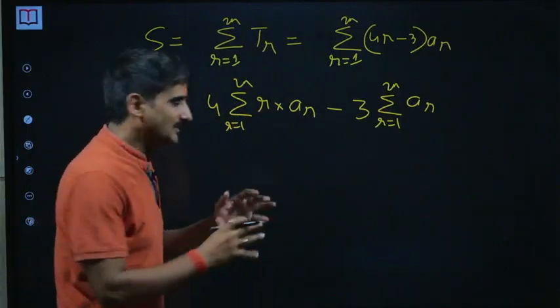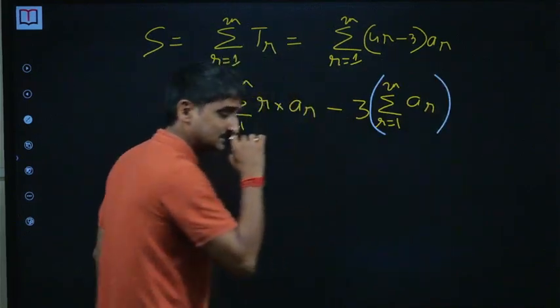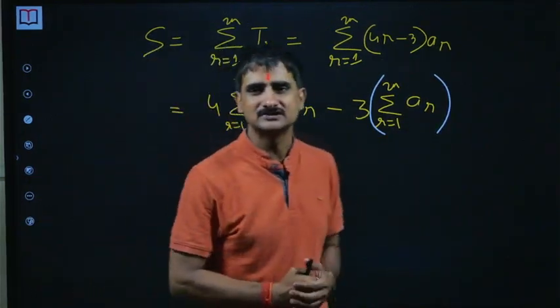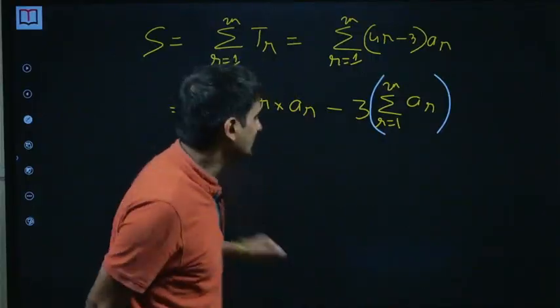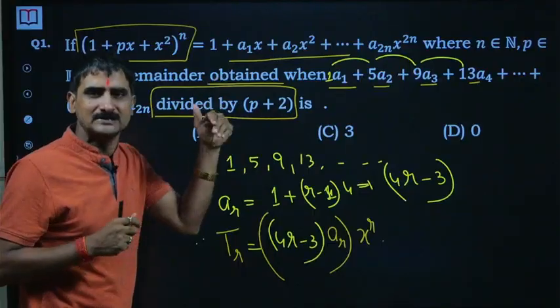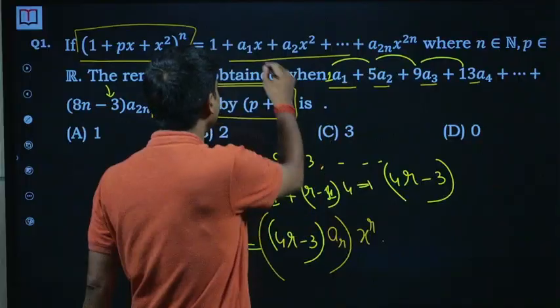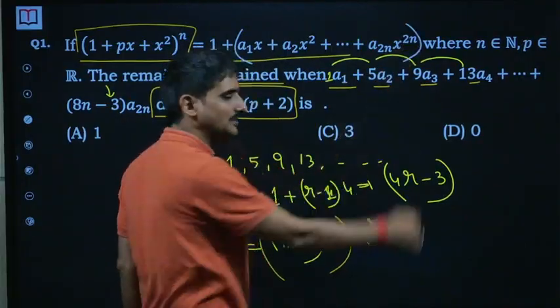Now the second term here is nothing but the sum of all the coefficients on the RHS. The summation of a_r is a1 plus a2 plus a3, so what we need is the sum of all the coefficients from here to here.